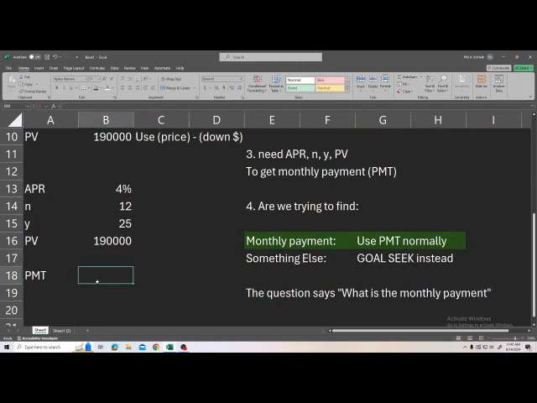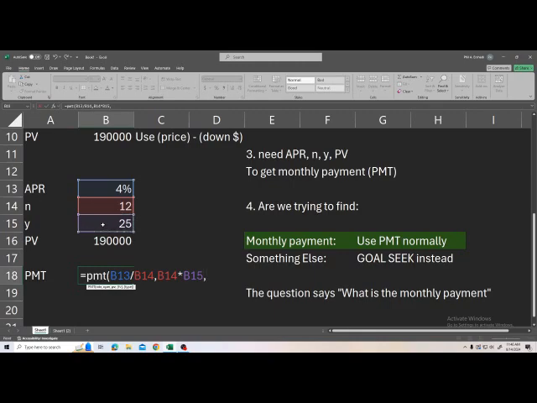Therefore, we'll go to cell B18 and enter equals PMT, parentheses. The first term will be APR divided by N, so we'll say B13 for the APR, divided by 12, that's in B14, for the N, comma, the N times the years, so B14 for N again, times B15 for the years, comma, and the negative principal value located in B16.